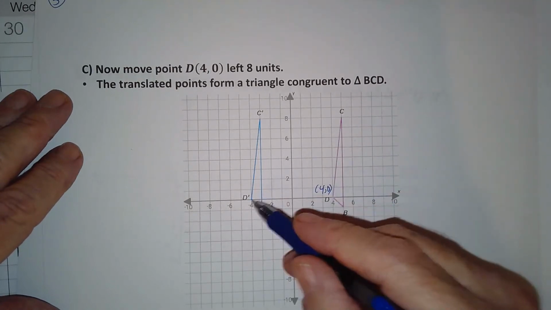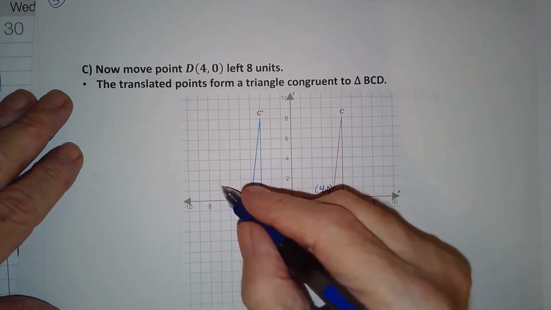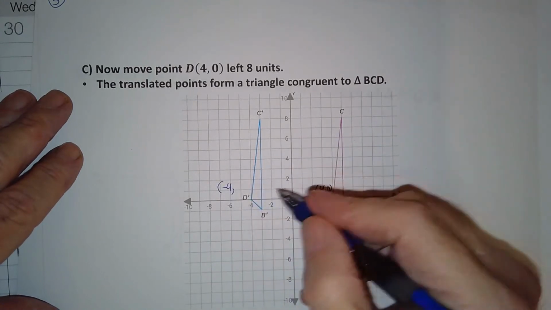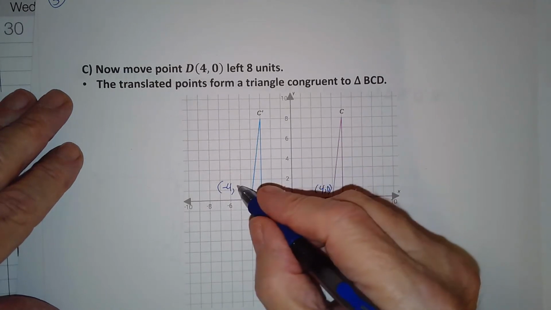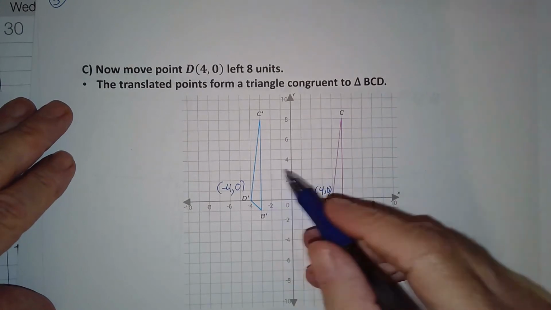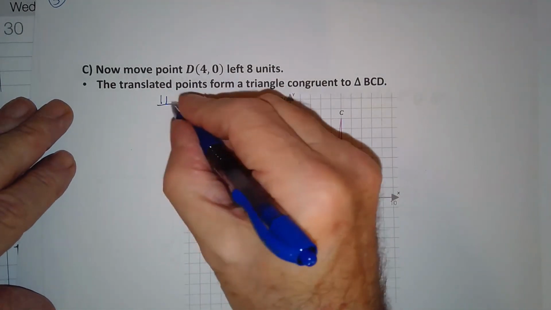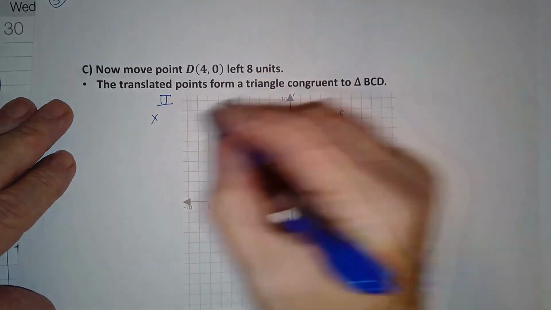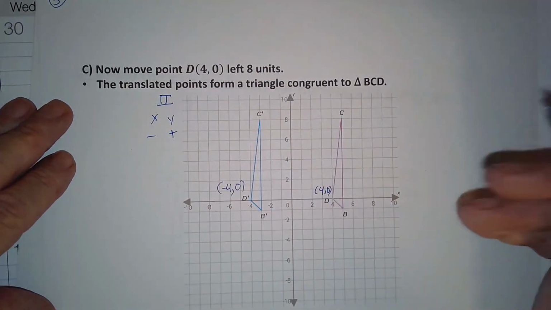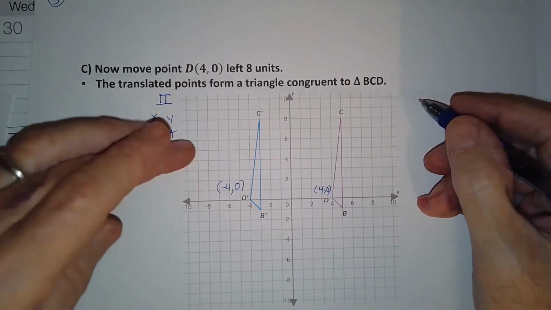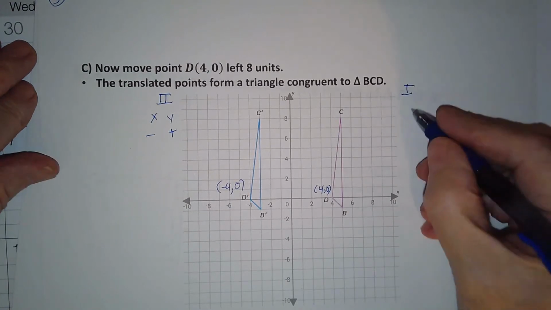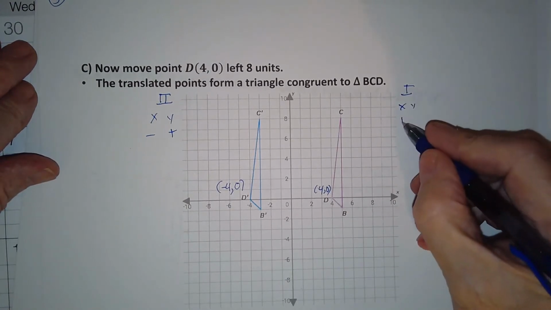That takes us over to where X is -4, and Y is 0. So it's neither positive nor negative. But you see it fits again. Quadrant 2, X is going to be negative, Y is going to be positive. 0 isn't positive or negative, but it would be positive if you were further up into the quadrant. And of course, quadrant 1 over here, X is positive, Y is positive.